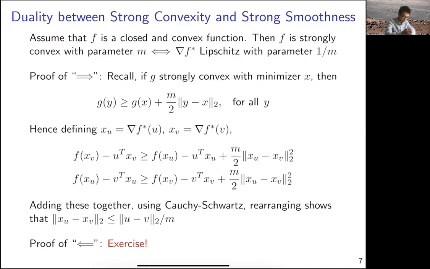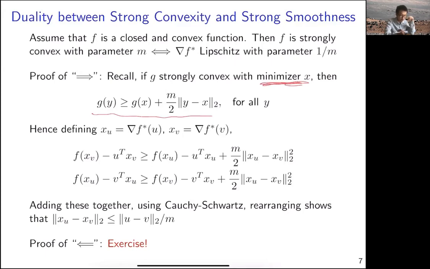You can write this when x is a minimizer. In the case when x is a minimizer, you can get rid of the linear term, because as a minimizer, you know that there is a subgradient that contains 0.